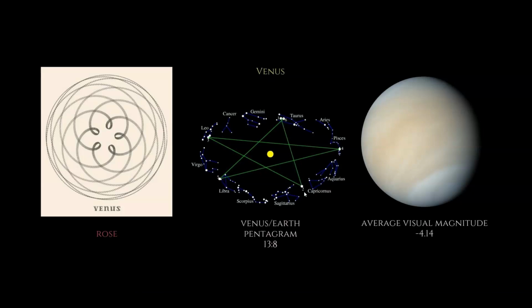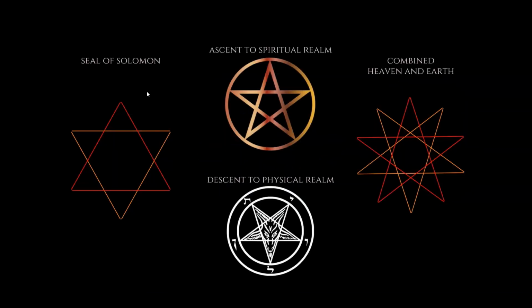But the star shape, the pentagram, also encodes other things as well. I'm going to show you how the pentagram is related to the six-pointed star, the Seal of Solomon or the Star of David. There's an alchemical relationship between these two stars.